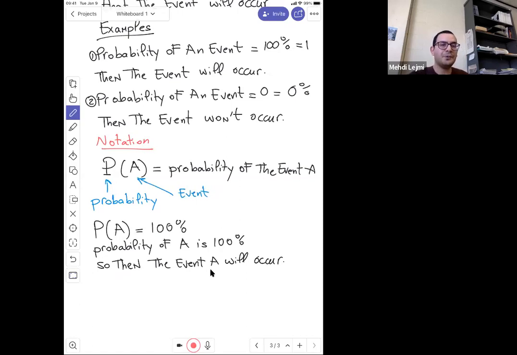All right, now, how do we compute the probability of an event A in general? That's the next question.